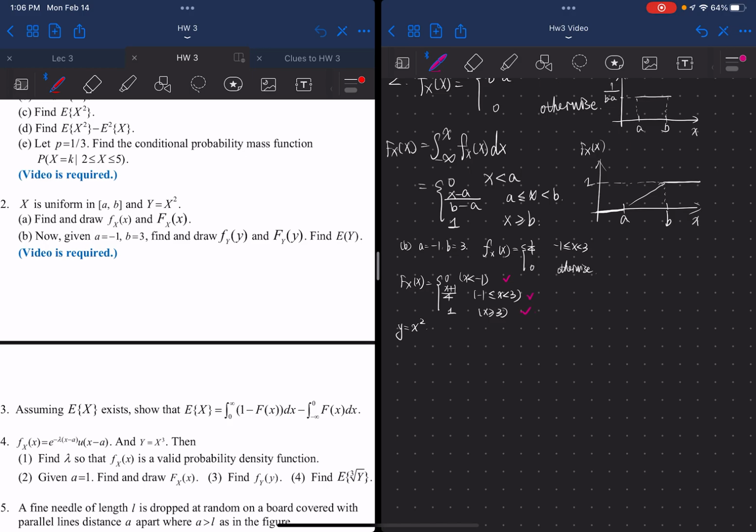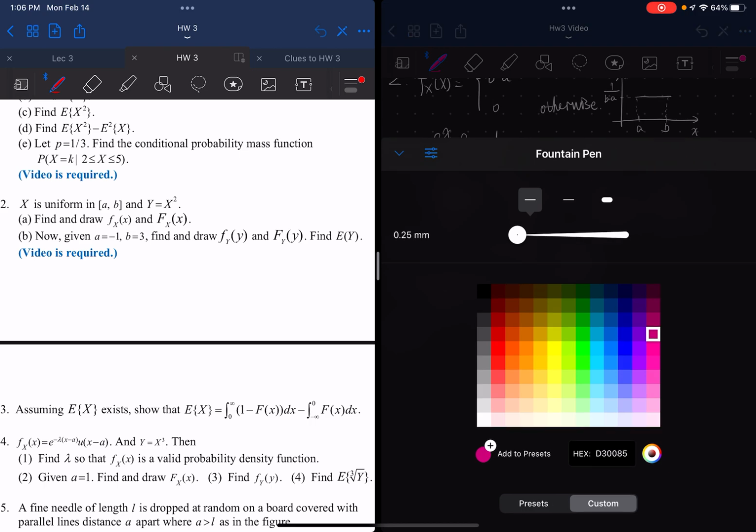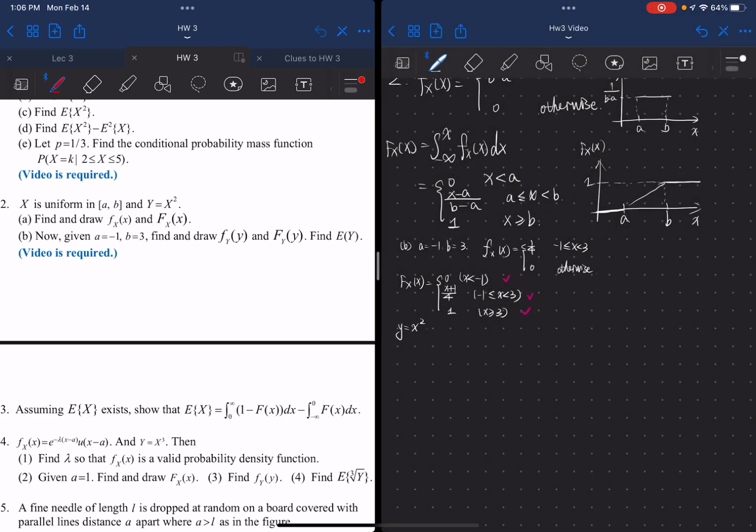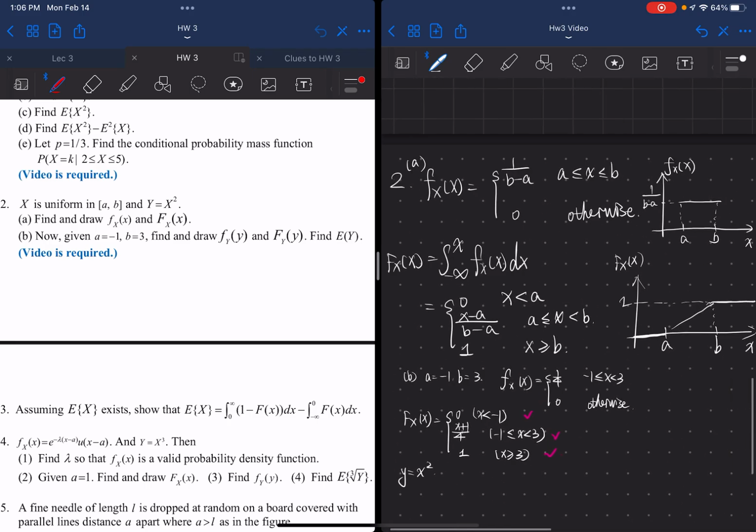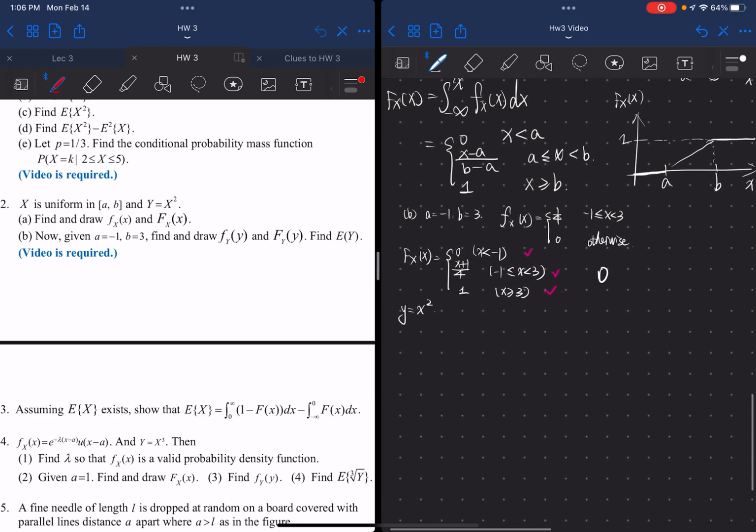And we have Y equals X squared, so we should also divide Y into 3 segments. We need to calculate the distribution function of Y, which is F_Y(y) equals the probability of Y smaller than y.